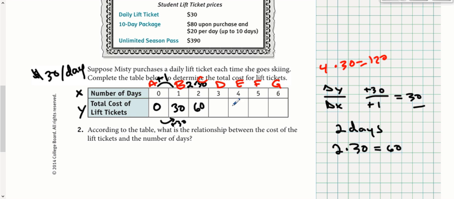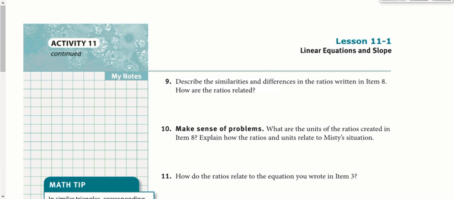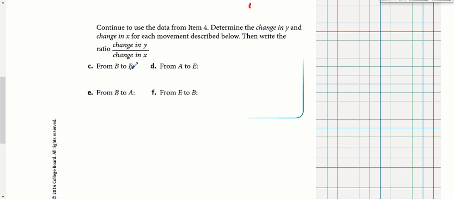So E would be 4 and 120. So from B to E, B was 1 and 30, and E was 4 and 120, right?